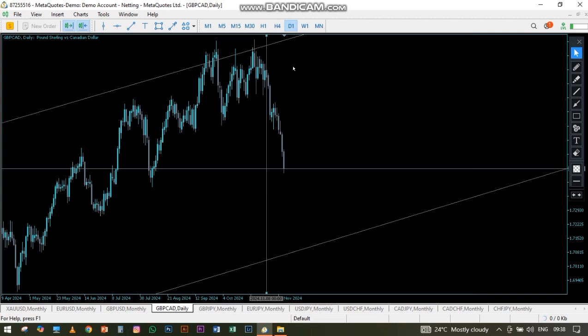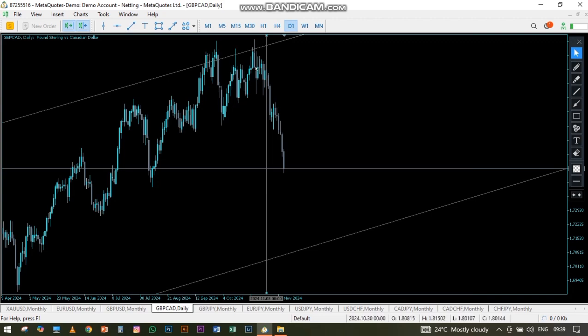Remember, on the monthly we are bearish, and then we waited for a bearish weekly candle and we got it, and then we marked it. So now we are going to look out for a bearish daily candle, which we have got right here. Since that week closed bearish, and the last day of that bearish week also closed bearish, we are going to mark out that day.